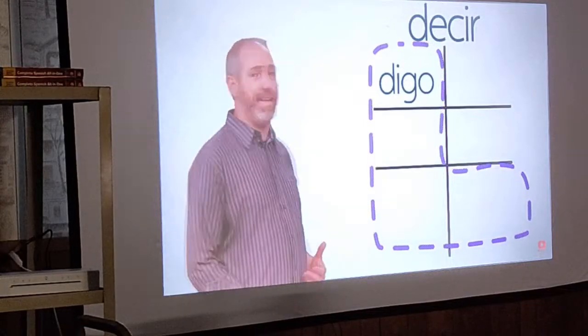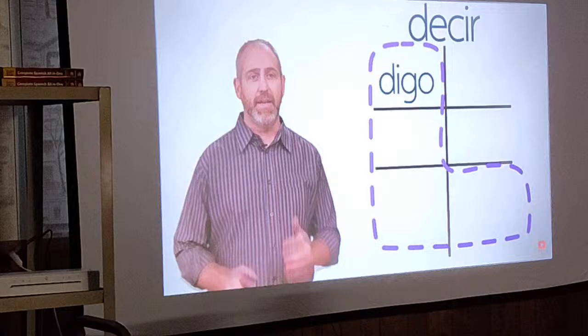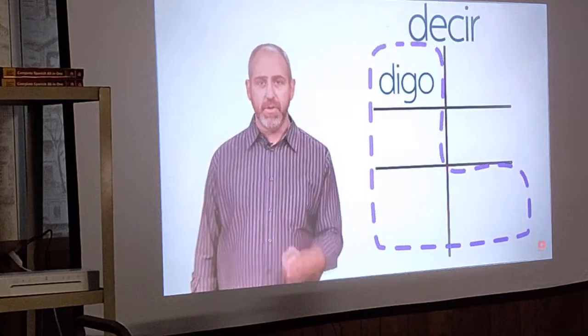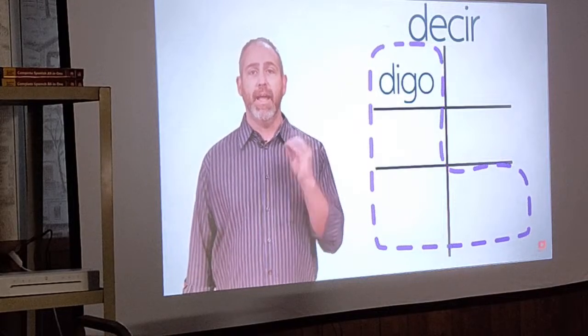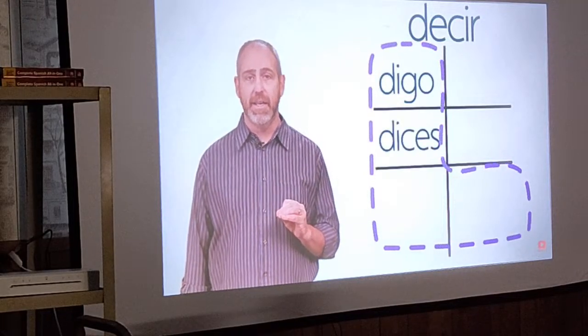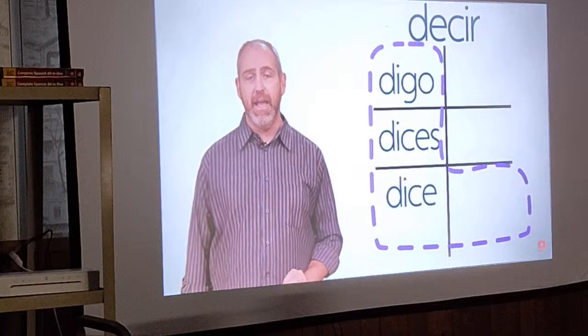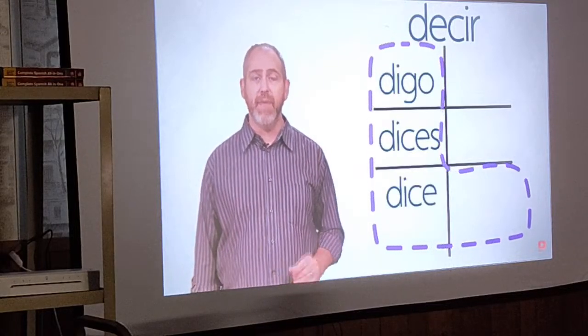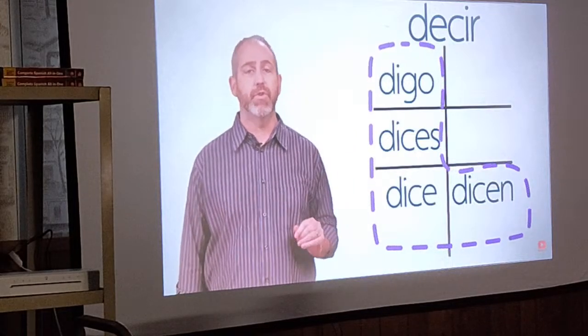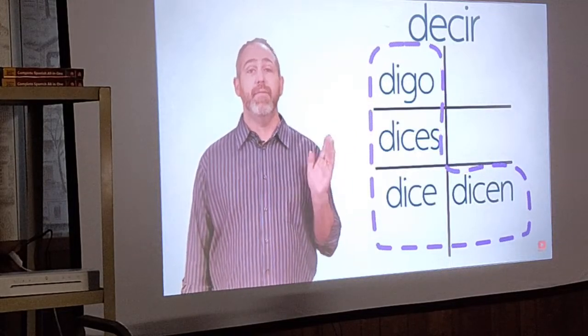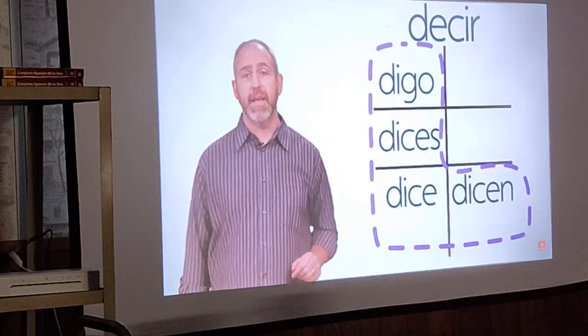Okay, now we can kind of start to apply the normal endings. So remember the G, remember the letter change in the boot, and now we've got digo, dices, and dice, and down here in the bottom right we have dicen. Okay, but now nosotros and vosotros form, we have not changed the second letter.